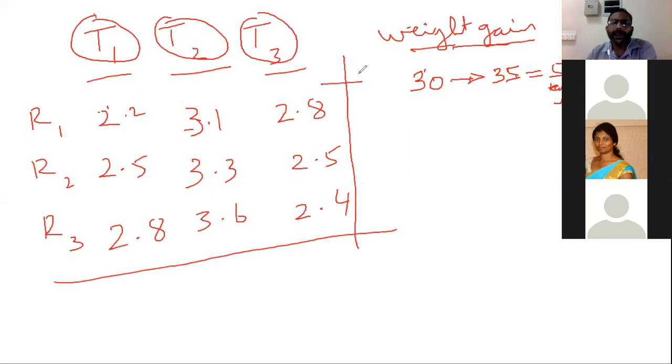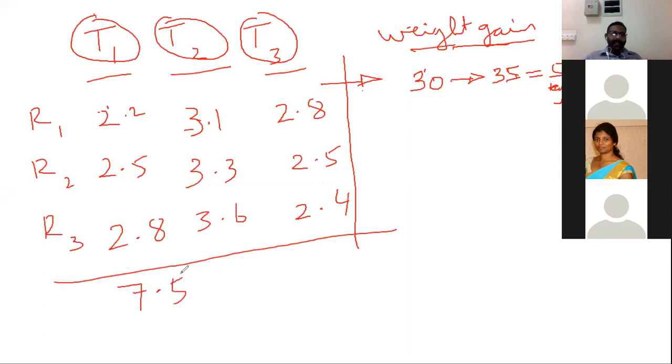This way total is not necessary. Now, what is the first treatment total? Get all this. 7.3. 7.3. 7.3. You see how many answers are coming. 7.3, 7.5. You can use the calculator. 7.5.